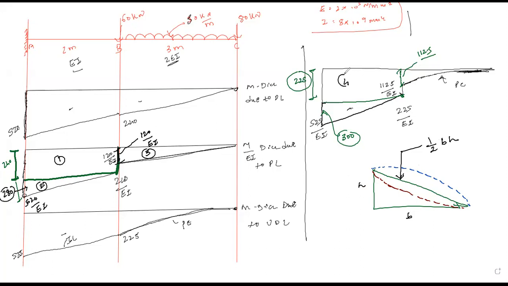Suppose this is area number 4, this is area number 5, and this is area number 6. Suppose you are asked to find the slope at point B, which areas will you have to consider? I think all of you are able to give the answer from the previous lecture. Can anyone tell me? We are learning the shapes of areas, but can anyone tell me which areas we will have to find?